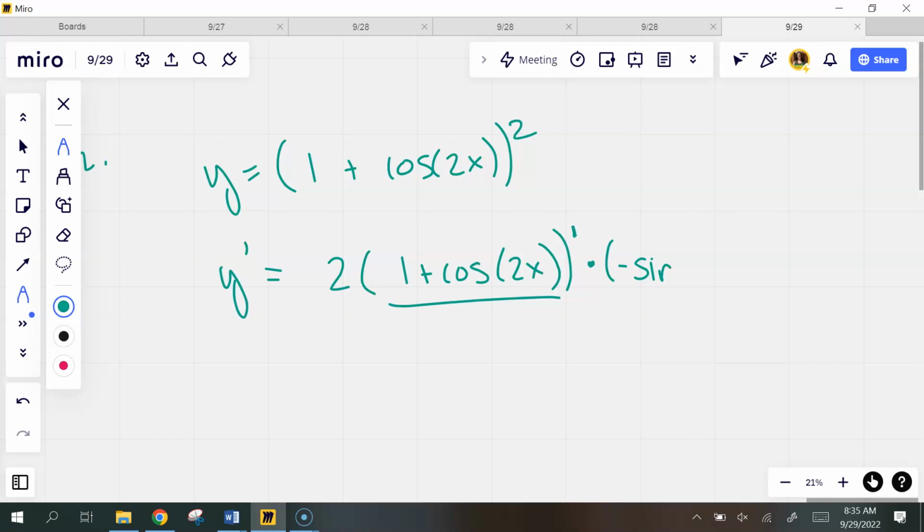Negative sine, but I have to leave that 2x alone, right? But now what? Times 2. This was a power rule with a double chain, because I had to take the derivative of 2x. I have to work from the outside in, and I can only do one at a time.